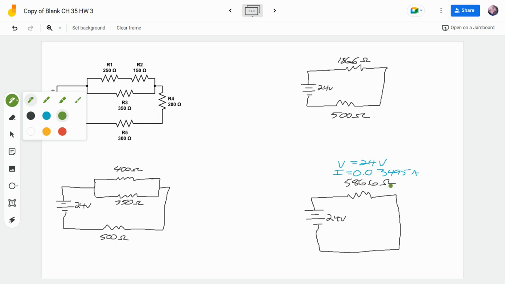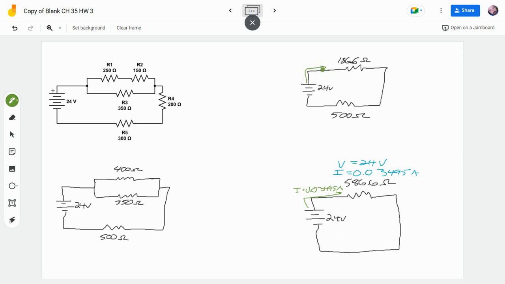So now we work backwards through all of the intermediate circuits that we had done. Here was the second to last intermediate circuit. What do we know? Do we know the voltage across each resistor? Do we know the current? Well, we had I of 0.03495 amps leaving, and that is the current leaving the battery.